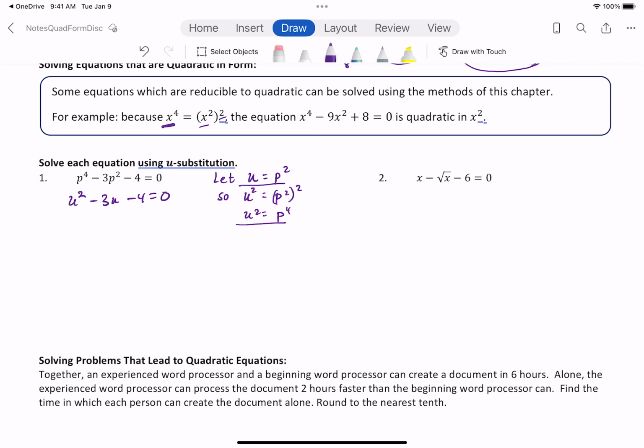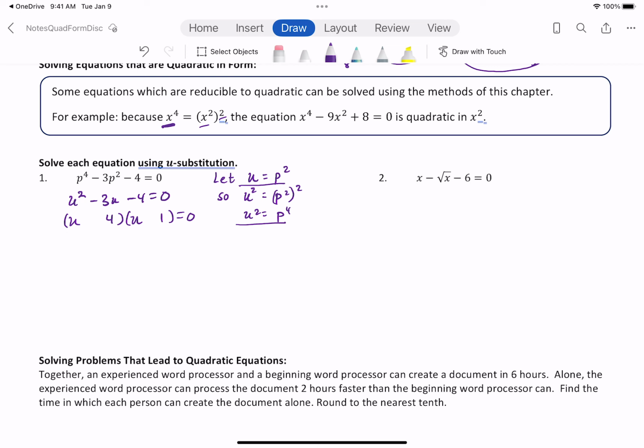Now luckily enough, this problem is actually factorable. You can use the quadratic formula if you want to. I'm going to factor because it's a little simpler and quicker. We know we would need U and U to get U squared. The factors of 4 that can give me 3 are going to be 4 and 1.